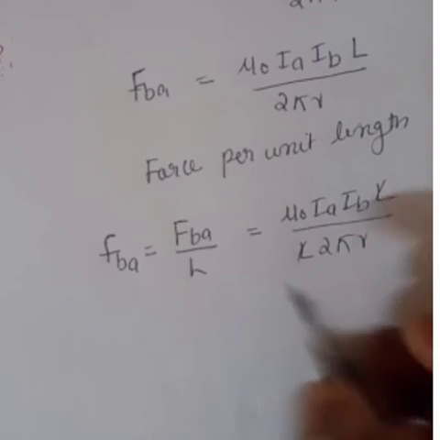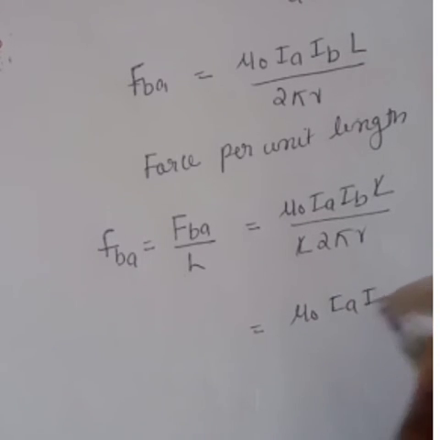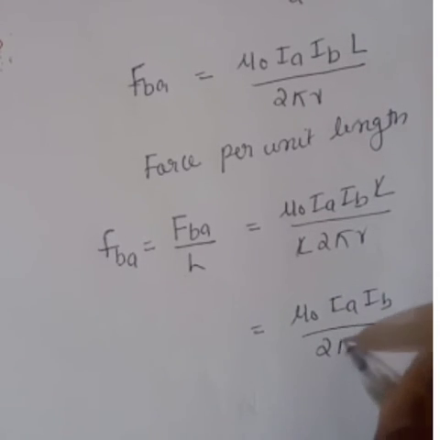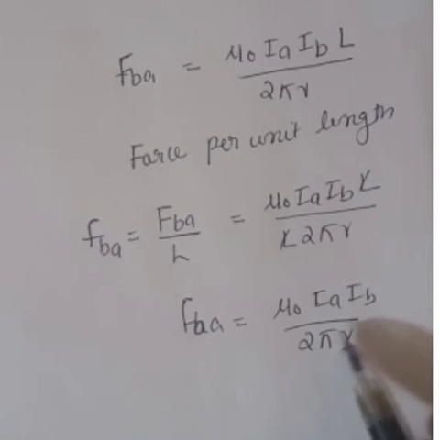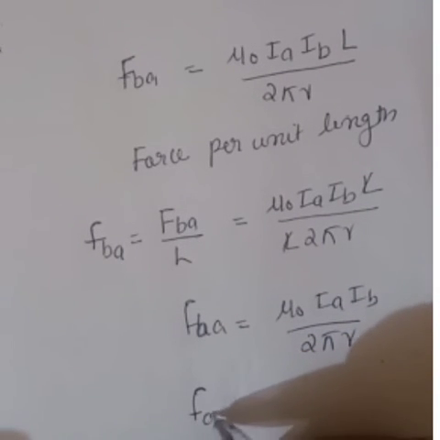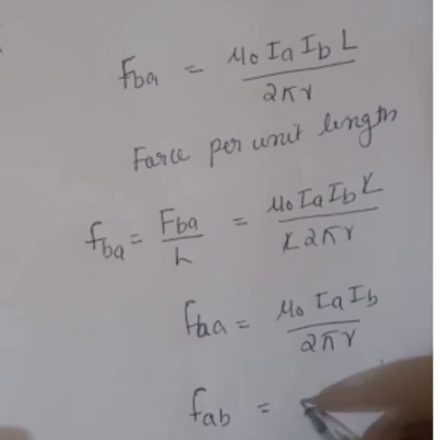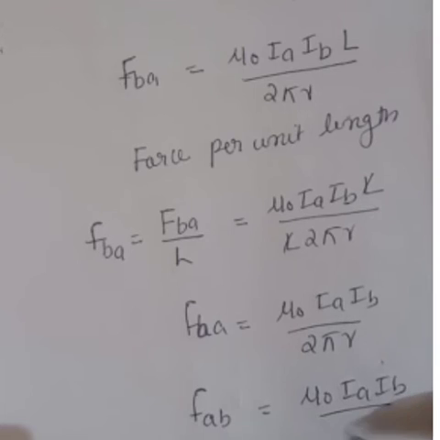L cancels, so the force per unit length is mu 0 IA IB divided by 2 pi r. That is, force per unit length BA is equal to mu 0 IA IB by 2 pi r, and force AB is also equal to mu 0 IA IB divided by 2 pi r.